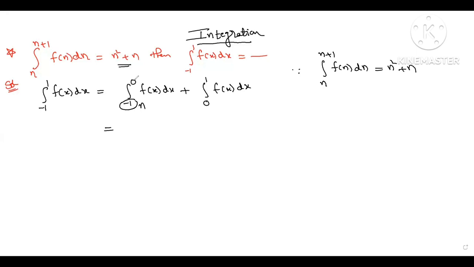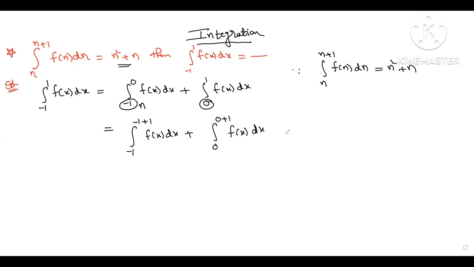So 0 can be written as the n plus 1 combination. So here, minus 1 to 0, we should write minus 1 to minus 1 plus 1 f of x dx, plus in this second integral part, n value is 0. Here, in place of 1, we should write 0 plus 1 f of x dx.